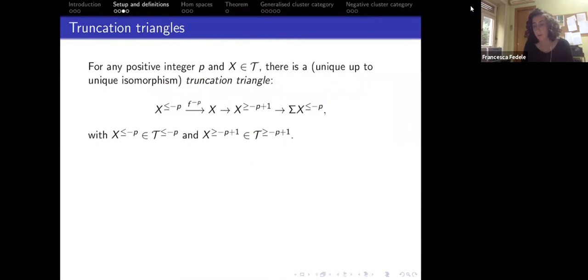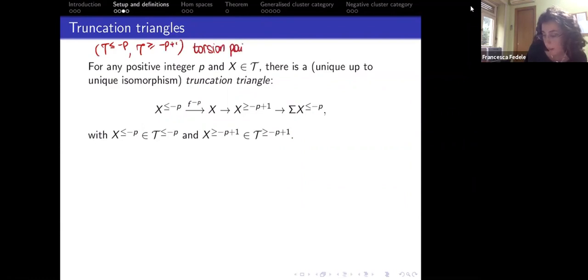In general, when you have a t-structure, you have truncation triangles, so also in this specific case. For any integer P, but if we focus on positive ones, and any object X in T, we know that (T^{≤-P}, T^{≥-P+1}) is a torsion pair.